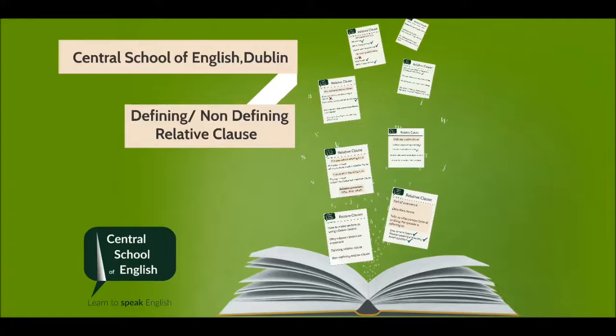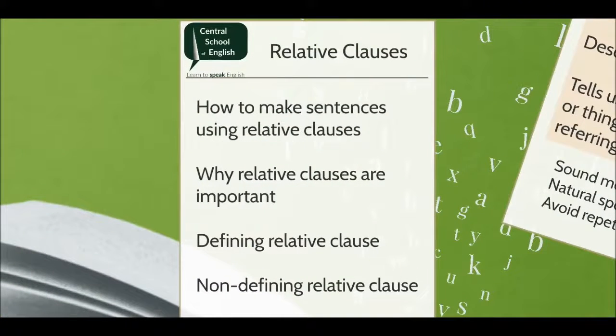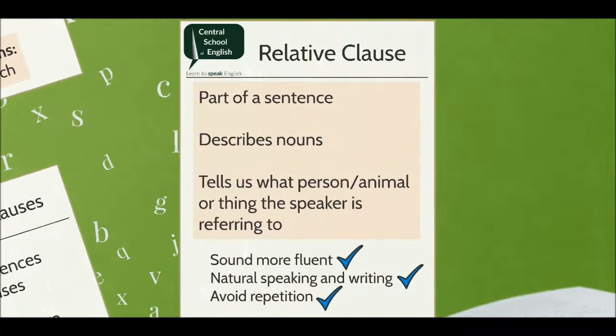In this video, we will revise how to make sentences using relative clauses and why relative clauses are important in English. We will next learn about defining and non-defining relative clauses. A relative clause is part of a sentence. We use a relative clause to describe nouns.